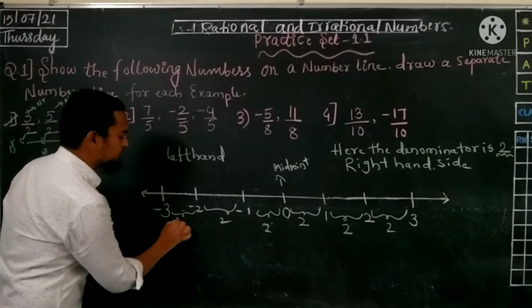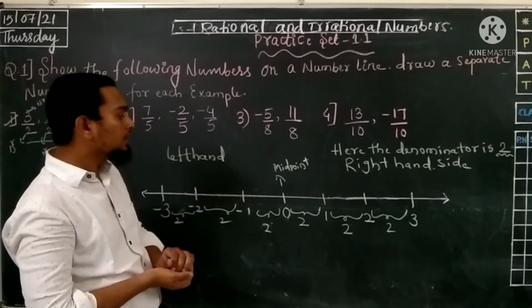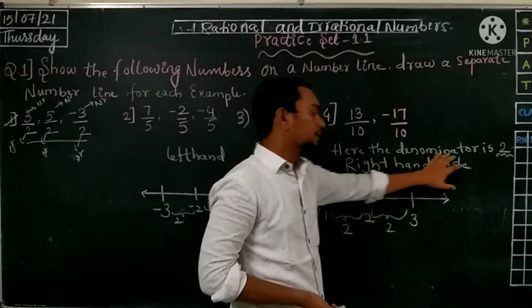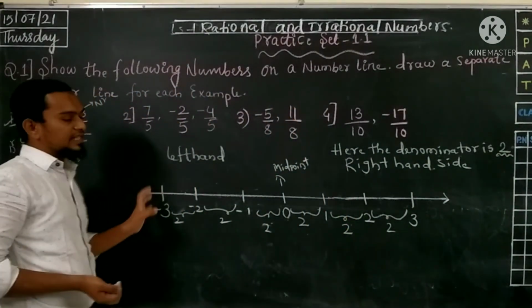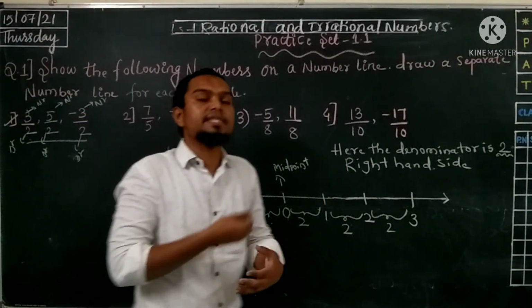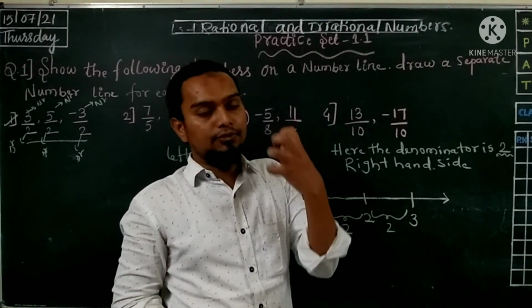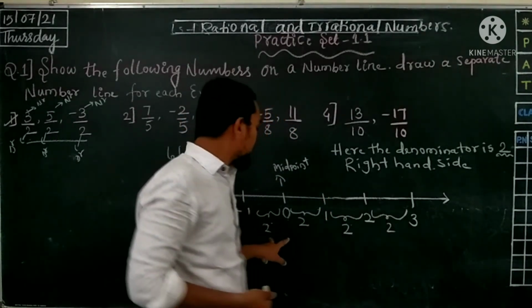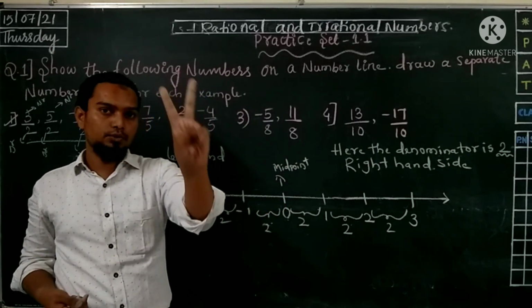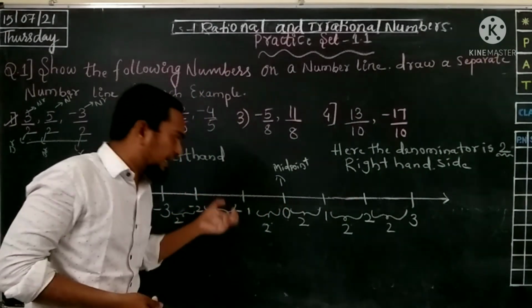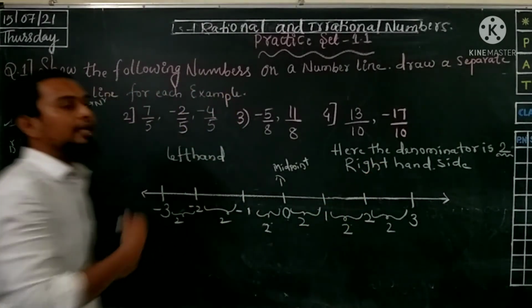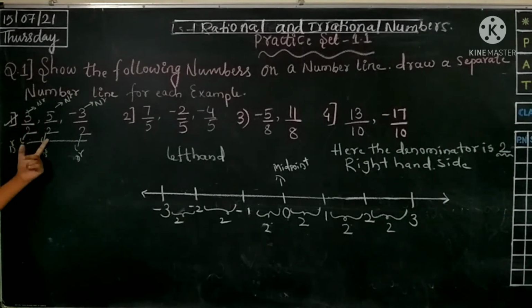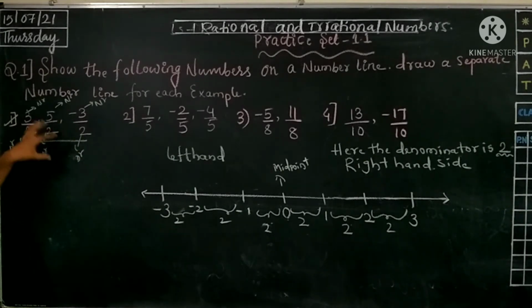Why are we taking 2? Because here the denominator is 2. That is why we write the difference between any two consecutive numbers as 2. The given values are 3 upon 2, 5 upon 2, minus 3 upon 2, and the denominator is 2.